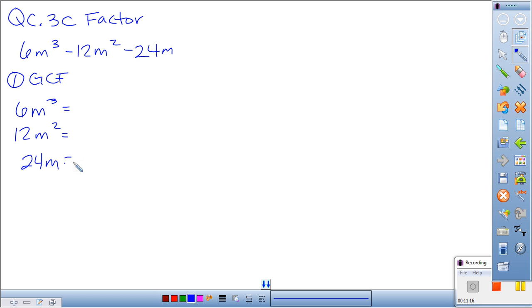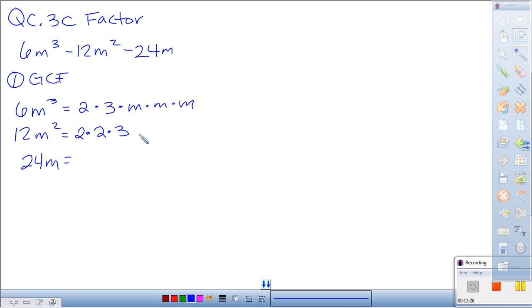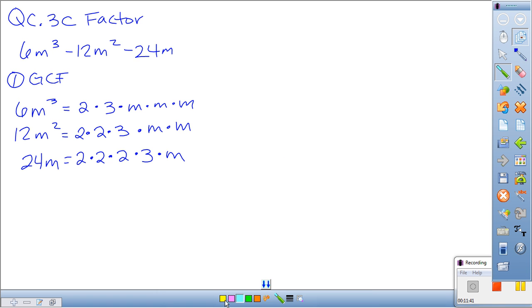Again, I'll just factor all these. 6 is 2 times 3 times m times m times m. 12 is 2 times 2, which is 4, times 3 times m times m. And 24 is 2 times 2, which is 4, times 2, which is 8, times 3, which is 24, times m, 24m. Let's find what they have in common.